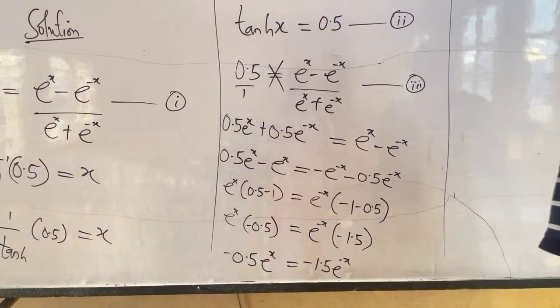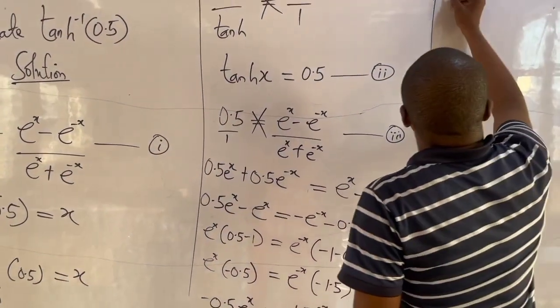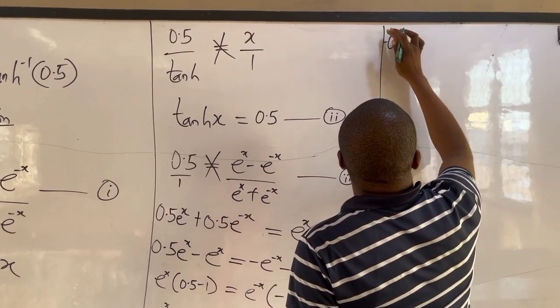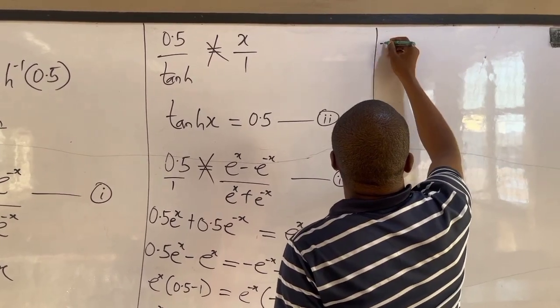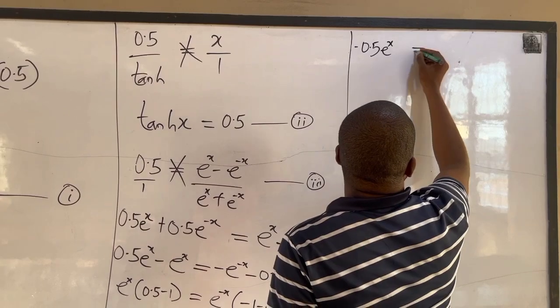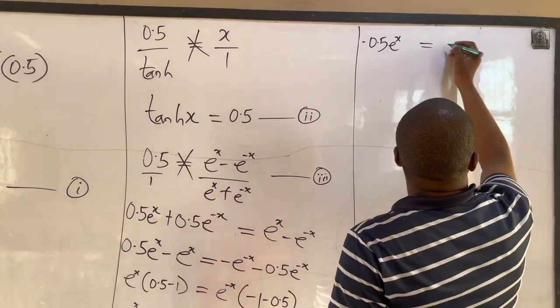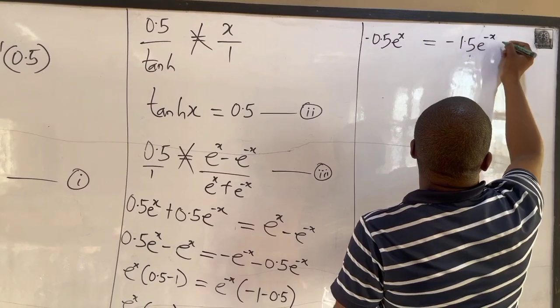We divide everything by negative 0.5. Mind you, this is negative 0.5 exponent x, equals negative 1.5 exponent negative x.